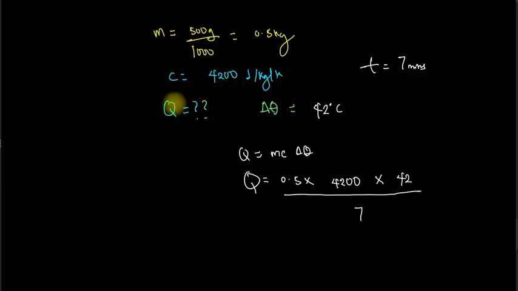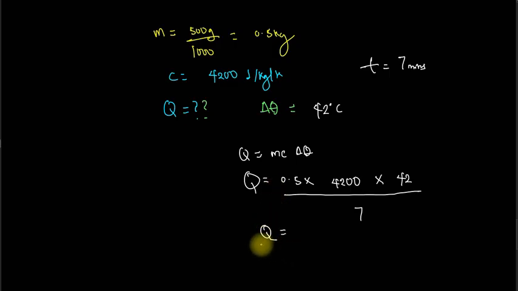Anyway, let's solve. So 0.5, just multiply on your calculator. Don't waste time. 4,200 times 42 is equals to 88,200. 88,200 divided by 7 is what? 12,600.